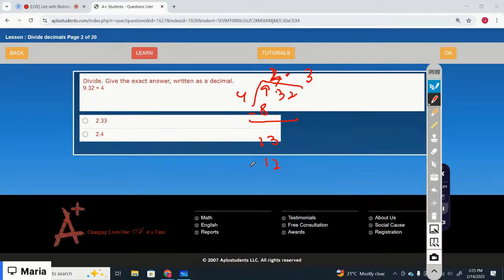4 times 3 is 12. 13 take away 12 is 1. Bring the last digit down. So 4 times 3 is 12. That is 2.33.